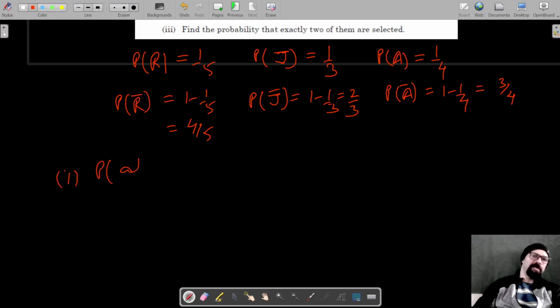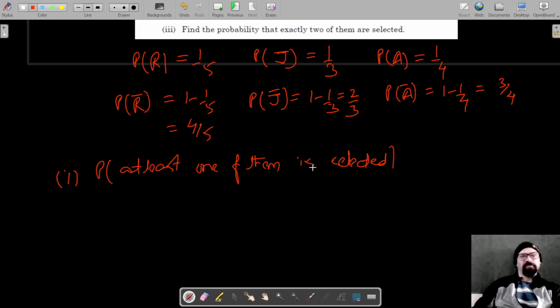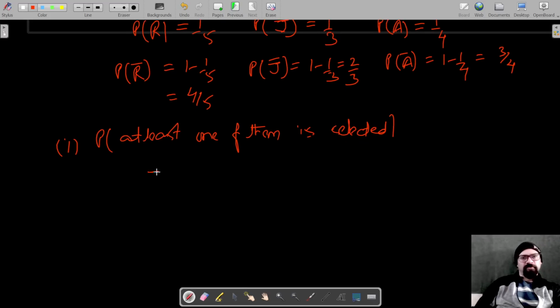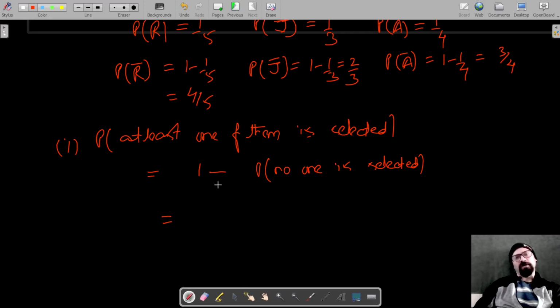So probability that at least one of them is selected, which means either one of them is selected. So this is exactly the opposite of probability that no one is selected. So let's subtract it from 1. If you subtract the probability that no one is selected, that means at least one of them is selected.